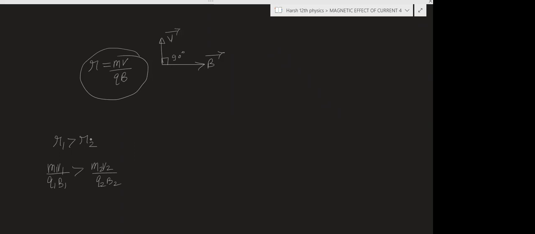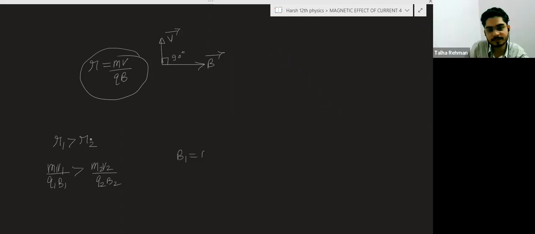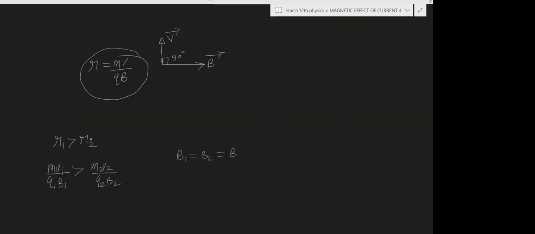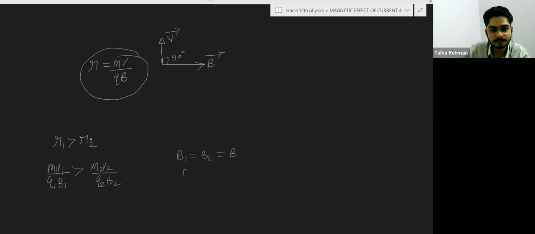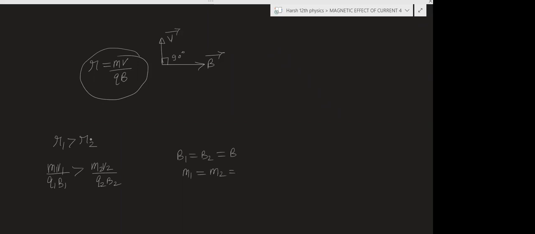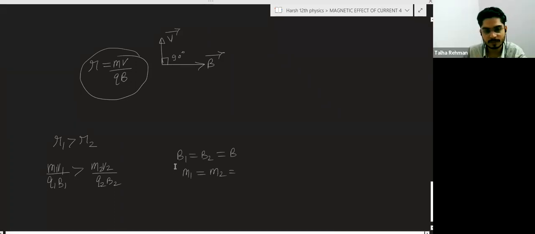But here the magnetic field is the same, so B is common. And they are also saying that the mass of both particles, m1 is equal to m2, is the same. Not the mass, they are saying the charge is the same.